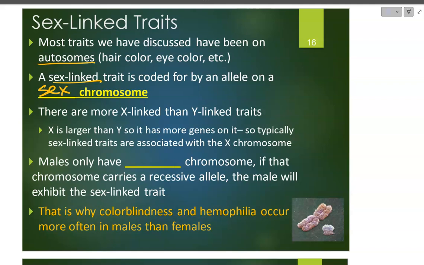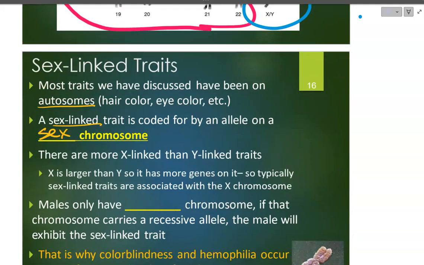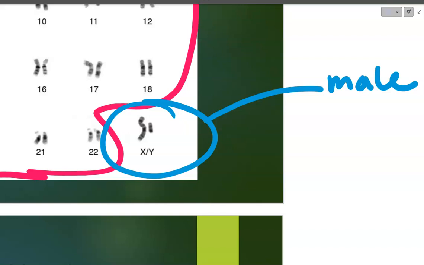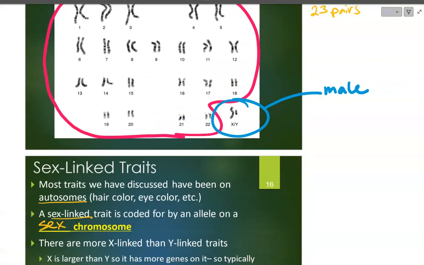Now, remember that the X chromosome, which is shown here in a picture, is bigger than the Y chromosome. So we can see here that this is definitely a male because I don't see two X chromosomes that are the same size, but rather I see an X and a Y chromosome.